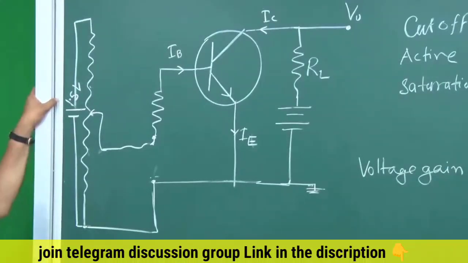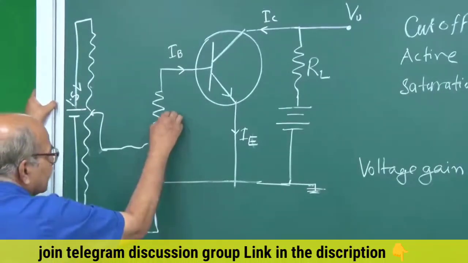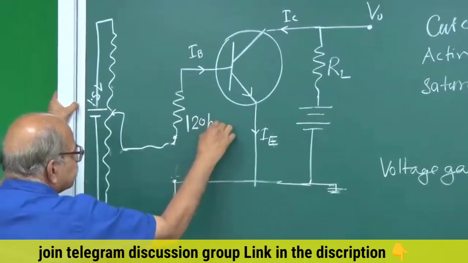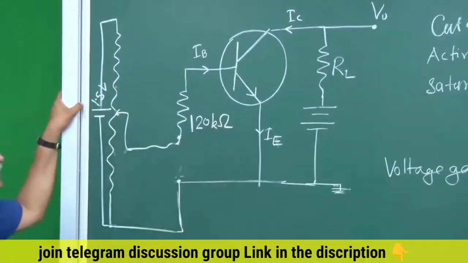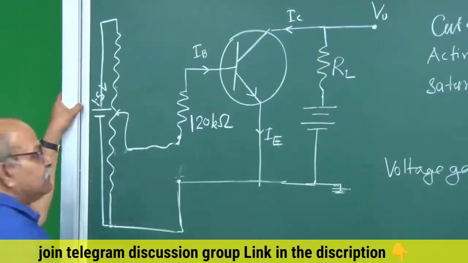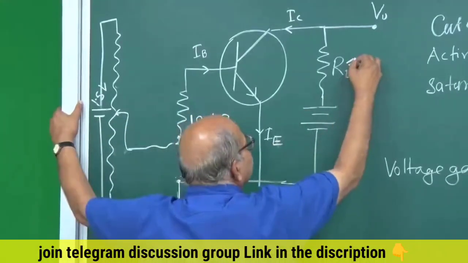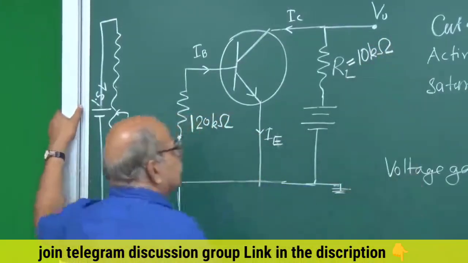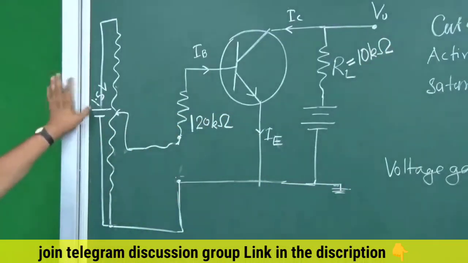Then the values of resistances: here we will be taking a 120 kilo ohm resistance, and this RL we will take as a 10 kilo ohm resistance. This is the 1.5 volt cell.